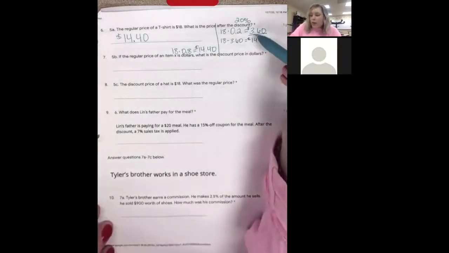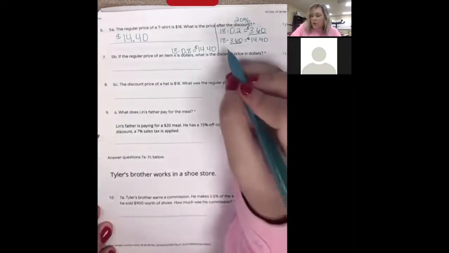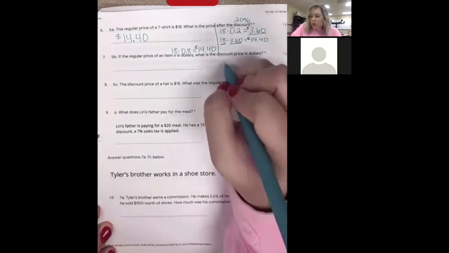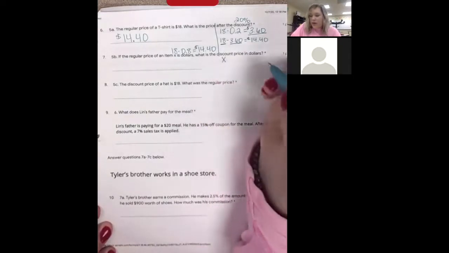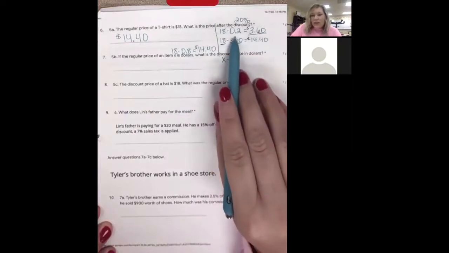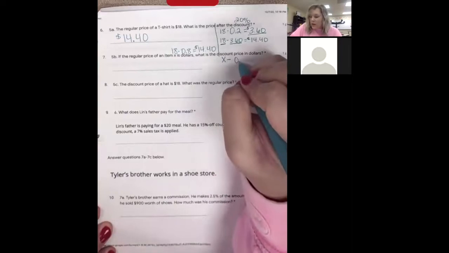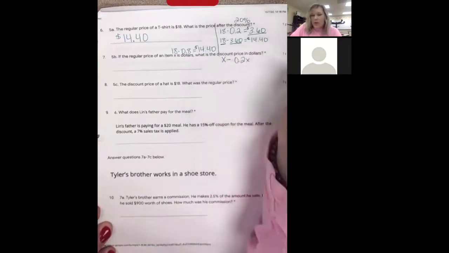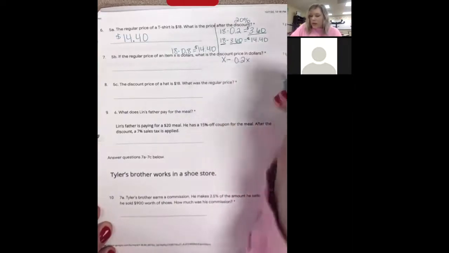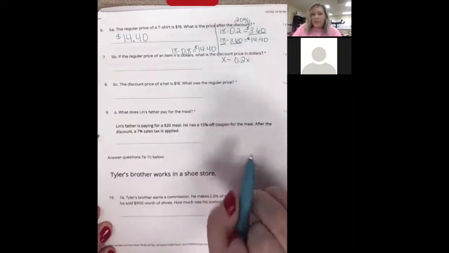Okay, so up here we know that we had to subtract our amount of discount from the original, but we don't know our original price, so we're just using X for that. So X minus, and to find this, we had to find what 20% of that original amount is. So 20% of the original price. And this would give me my discount price.